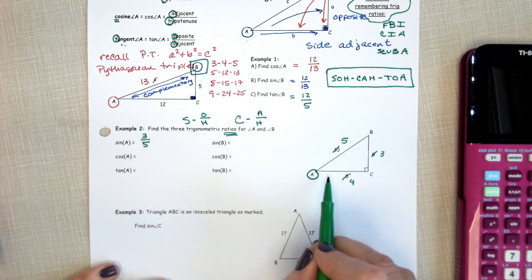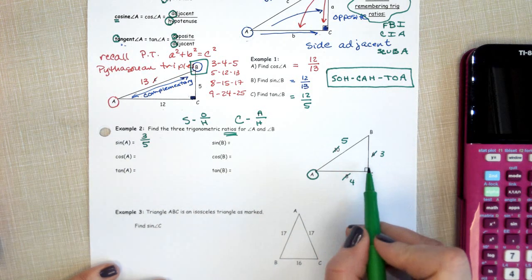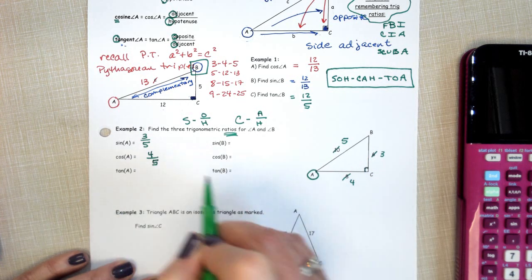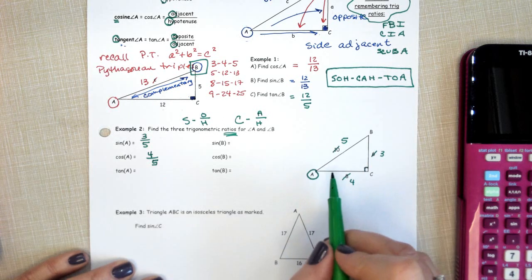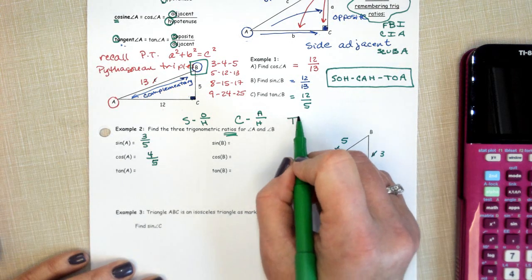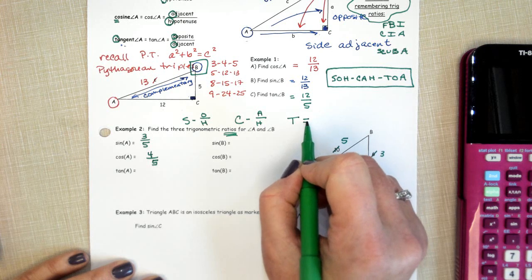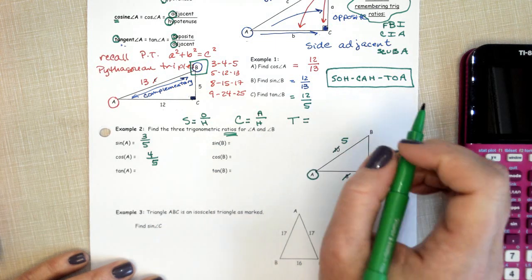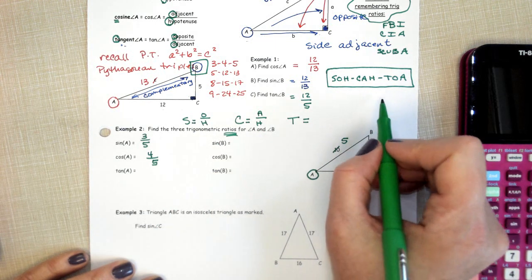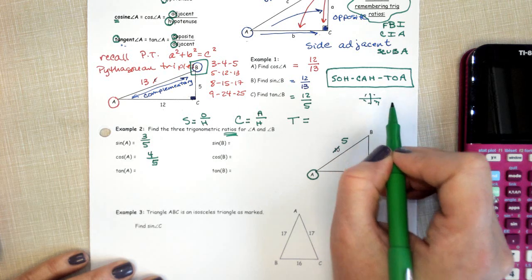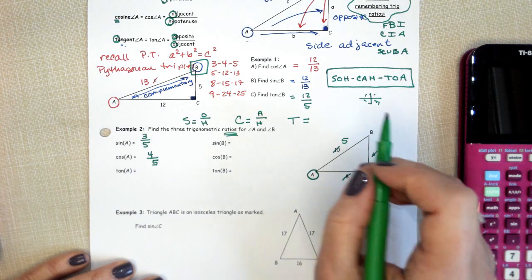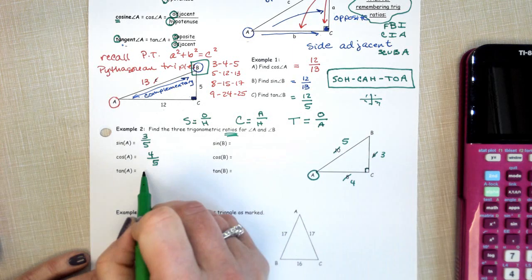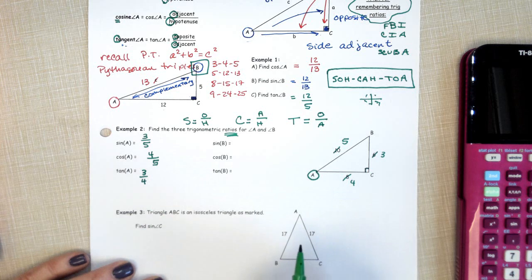So the cosine of A is adjacent, remember I can't choose 5 because it's across from the right angle, over hypotenuse. And the tangent is opposite over adjacent. I'm going to make these equals because sometimes kids think they're negative. And they can be negative when you get to pre-calc and trigonometry because you're going to march around the unit circle. But for our purposes here, we're just going to be in the first quadrant. Opposite over adjacent is 3 over 4. Okay.